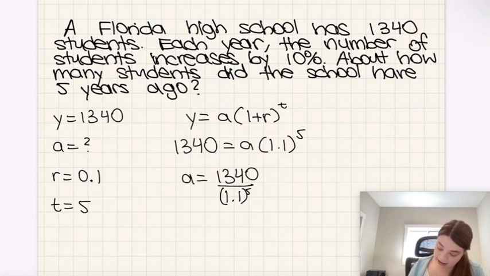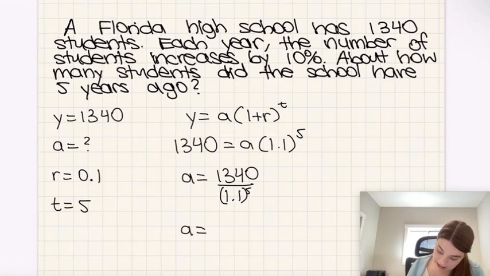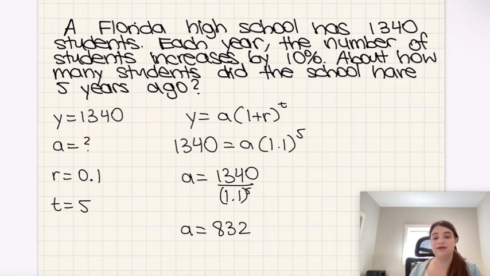And if I type that in a calculator, I get 832. So therefore, 5 years ago, before these last 5 years happened, there were about 832 students enrolled in the Florida high school.